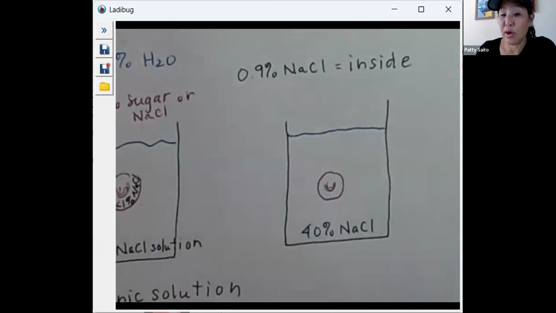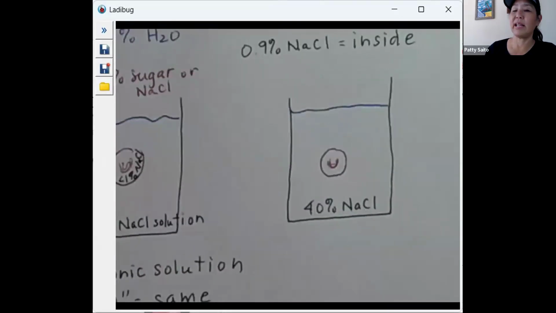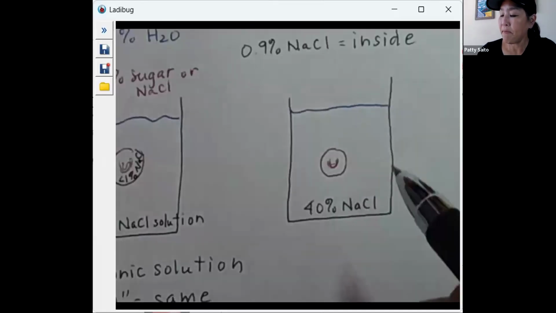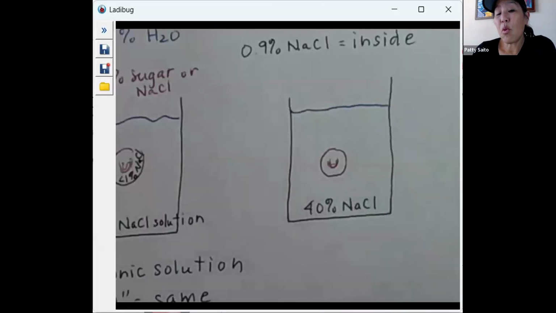Which way does water flow? This is a very important concept in terms of IVs and tissues and things like that. So remember that water always goes toward where there's more solute. So water goes toward where it's saltier or more sugary.